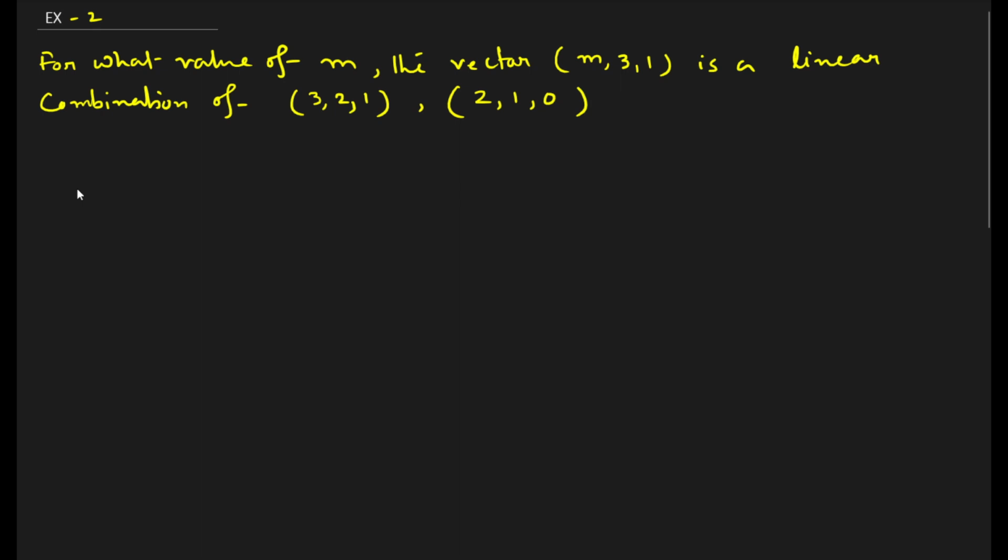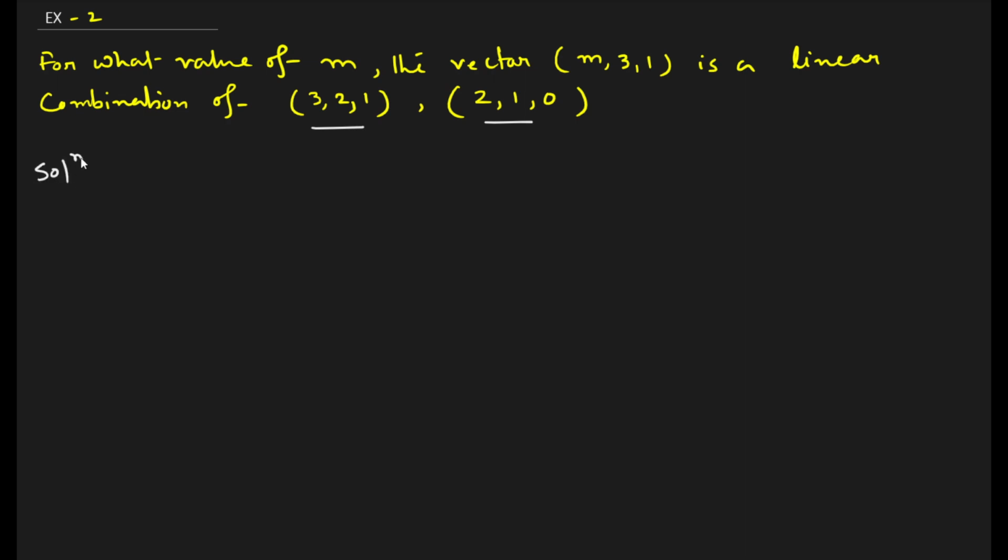Okay. Now take one more problem. For what value of m is this vector a linear combination of these two vectors? So here it is already given that this particular vector is a linear combination of these two. So (m, 3, 1) is a linear combination of the remaining two vectors, and we have to find the value of m.